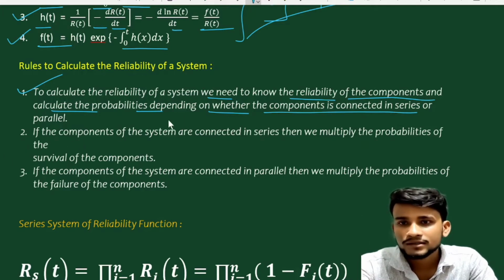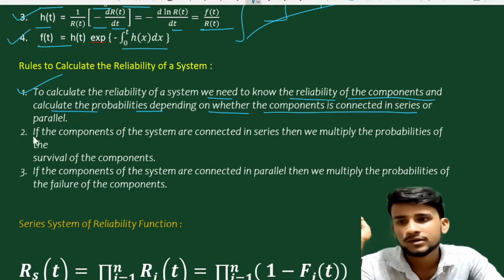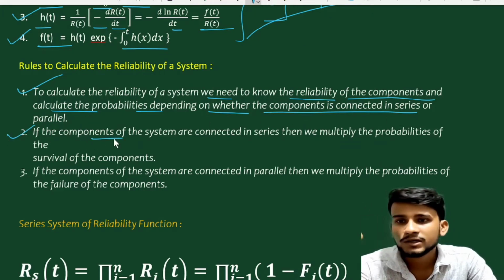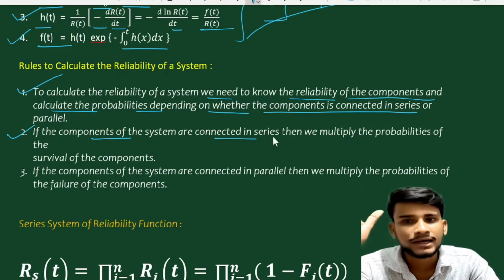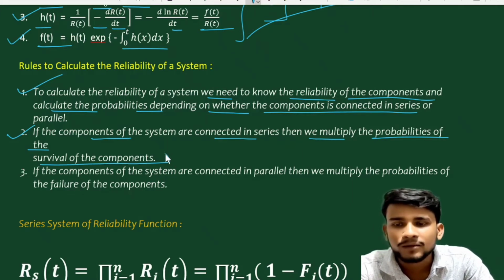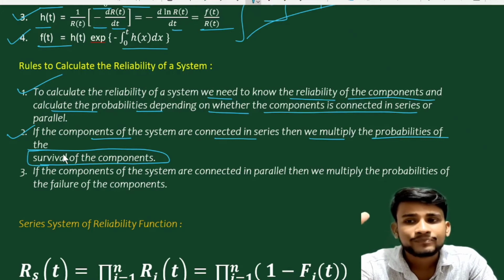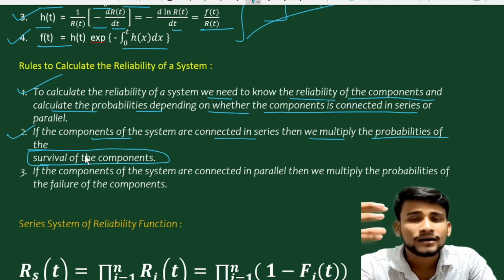To calculate, we need to know whether the components are connected in series or parallel. Number 2, if the components of the system are connected in series, then we must multiply the probabilities of the survival time of the components. Survival time means the time in which the light glows, that is, the system does not fail.